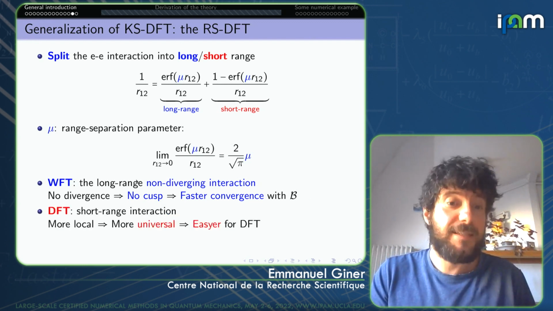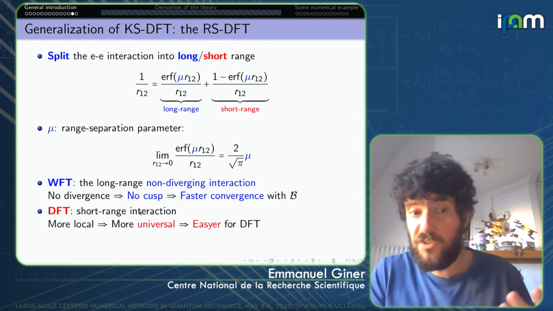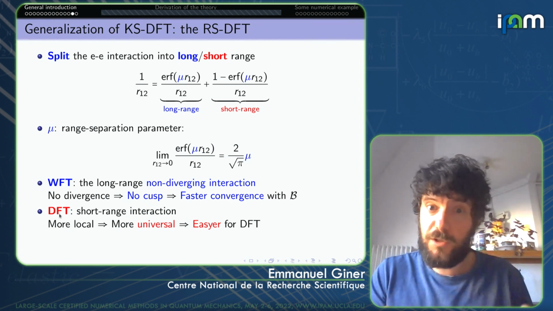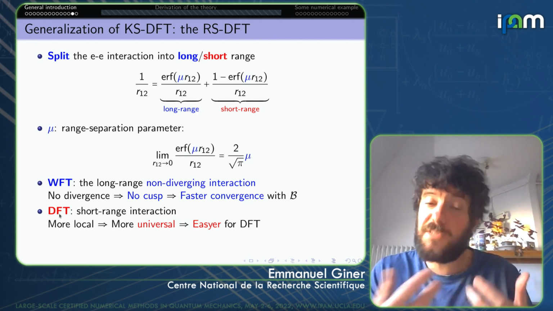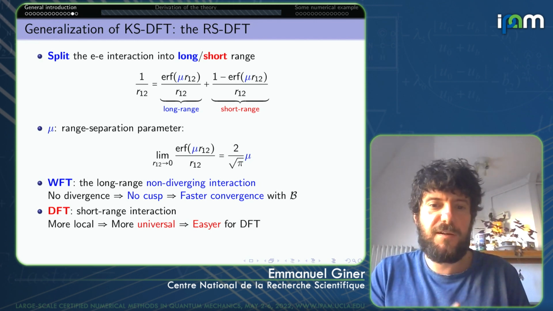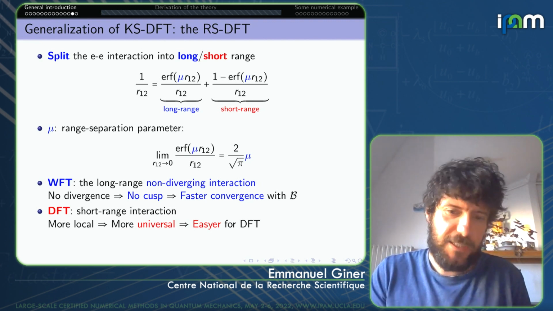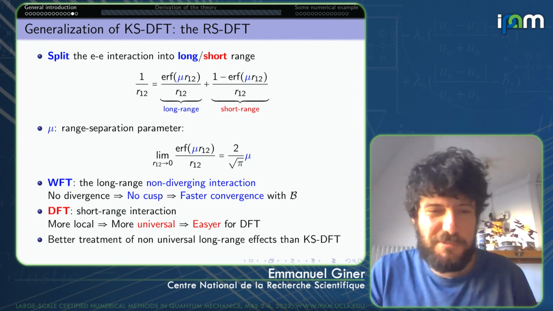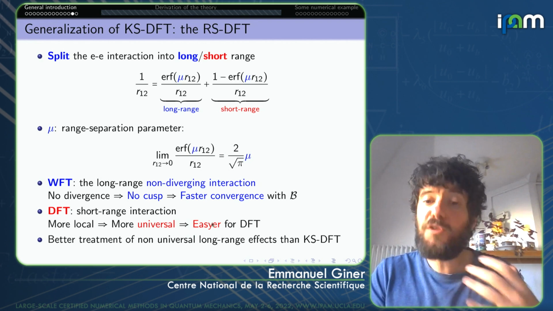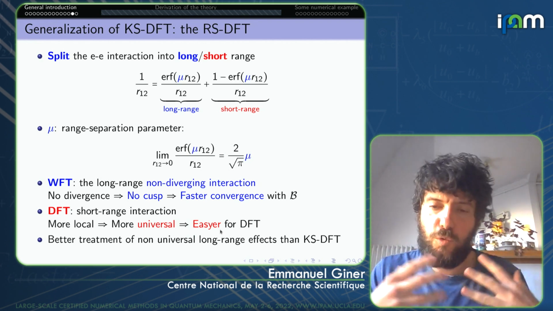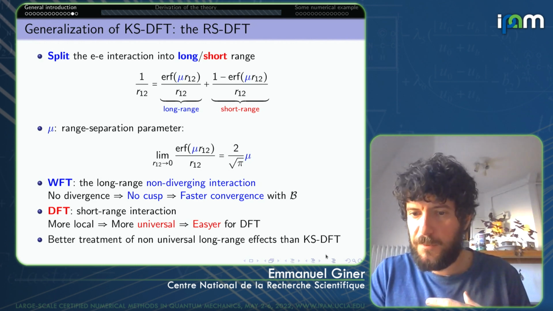On the other hand, DFT also deals with the complementary interaction, which is short range, and therefore, as it is more local, you are more in the universal regime, and it is easier for DFT to capture a good approximation for the complementary functionals. So essentially, it's a win-win, so to say, because you have a better treatment of the non-universal long-range effects with the wave function part than with Kohn-Sham DFT.